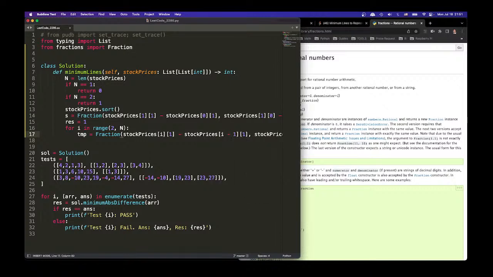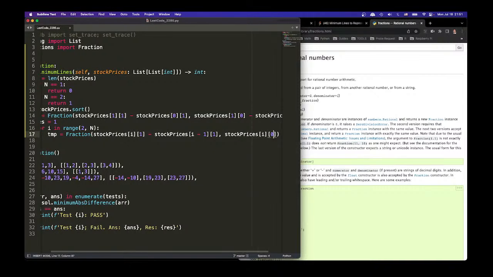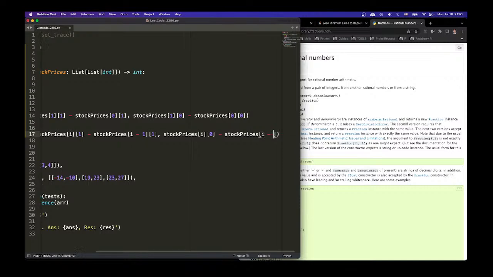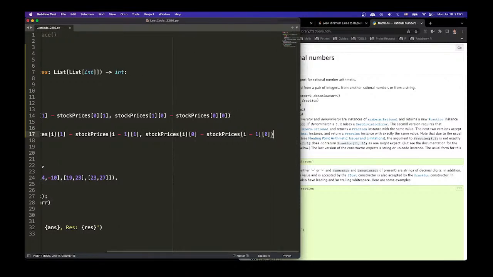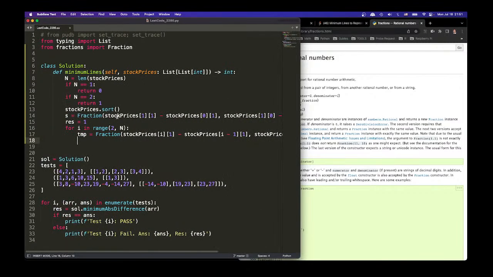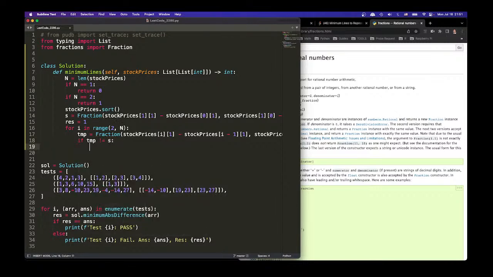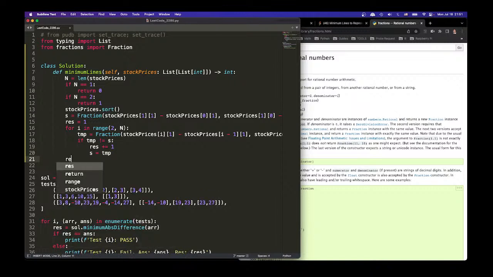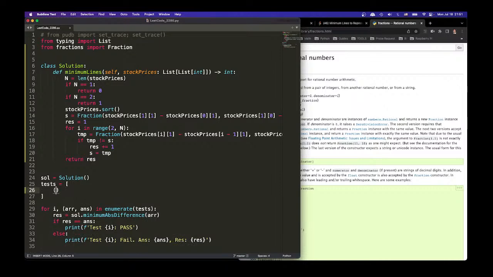And stock prices i 0 minus stock prices i minus 1 0, right? So that's a temp. We just say if temp is not equal to s, res plus equal 1 and s equals temp. And now we go through the whole thing and then return res. Alright, let's see.